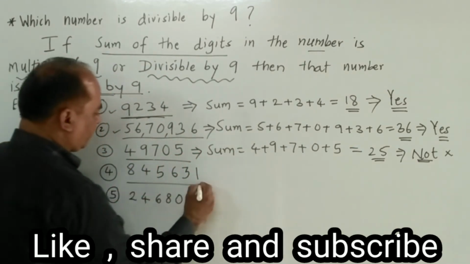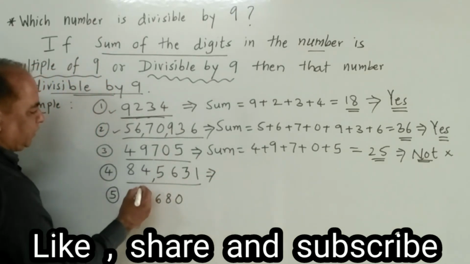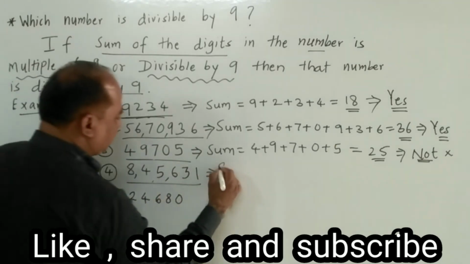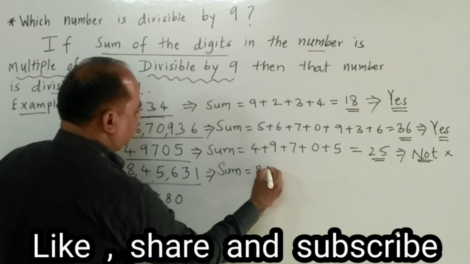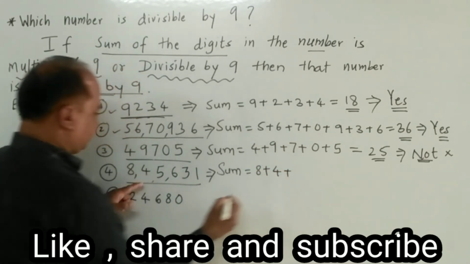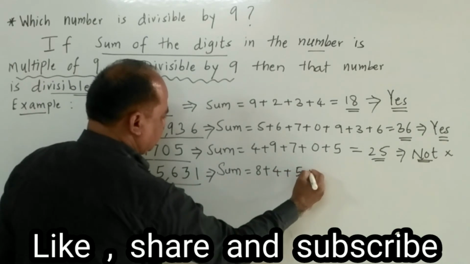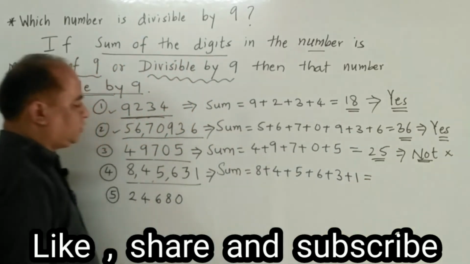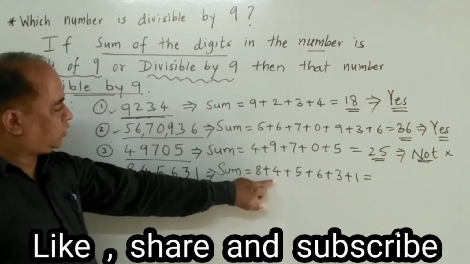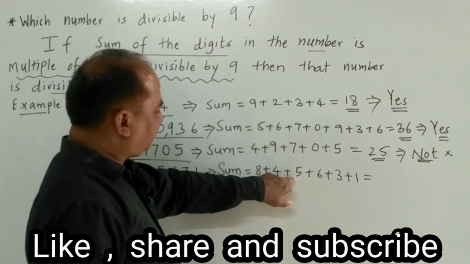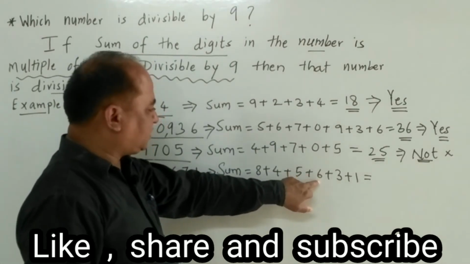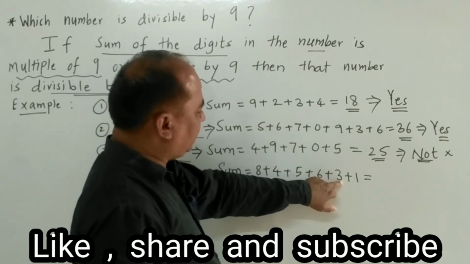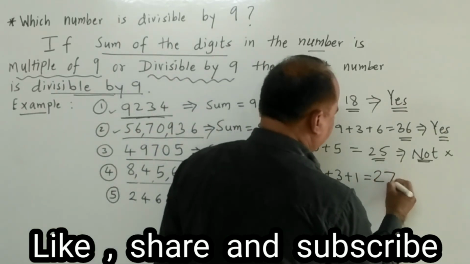Next example, 8,45,631. The sum of the digits of this number is 8 plus 4 plus 5 plus 6 plus 3 plus 1. 8 plus 4 is 12, 12 plus 5 is 17, 17 plus 6 is 23, 23 plus 3 is 26, 26 plus 1 is 27.